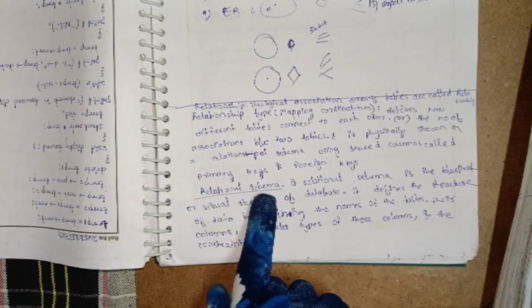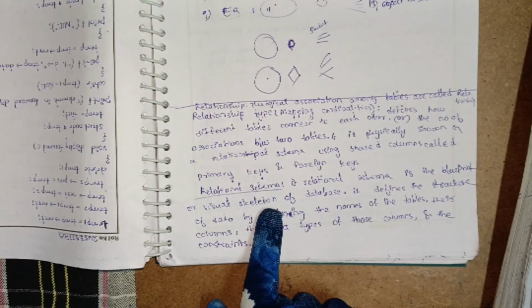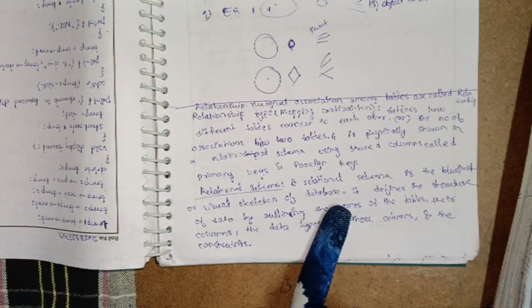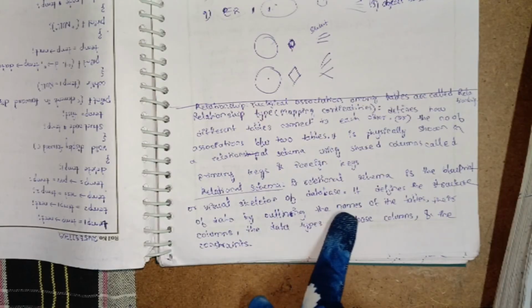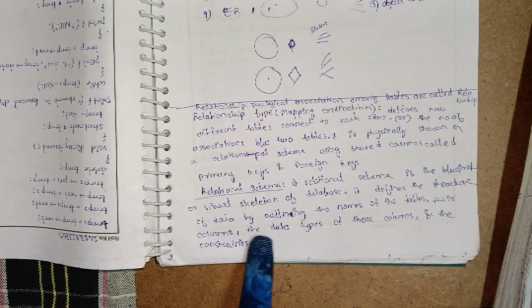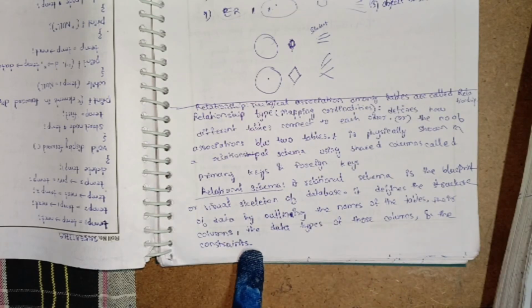What is a relational schema? A relational schema is the blueprint or visual skeleton of the database. It defines the structure of the data by outlining the names of the tables, their columns, the data types of those columns, and the constraints.